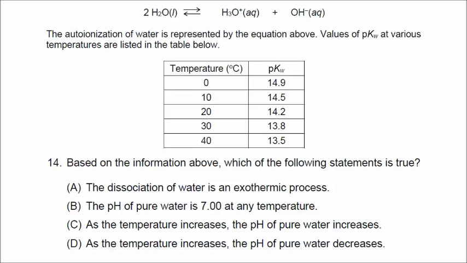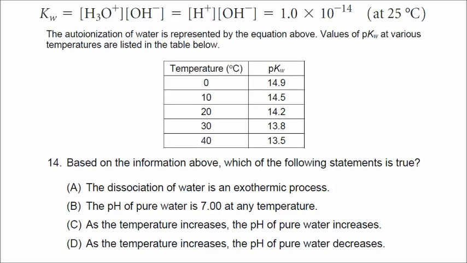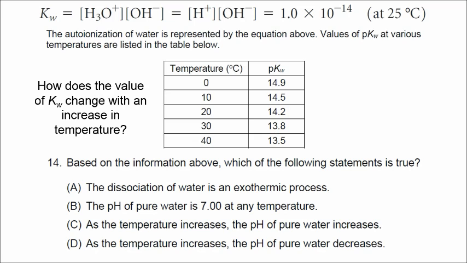In number 14, we're given the autoionization of water, and we know that that normally has a value of 10 to the negative 14 at 25 degrees Celsius. So pKw is normally 14, but the pKw varies with respect to temperature. So how does the value of Kw change as we increase the temperature?